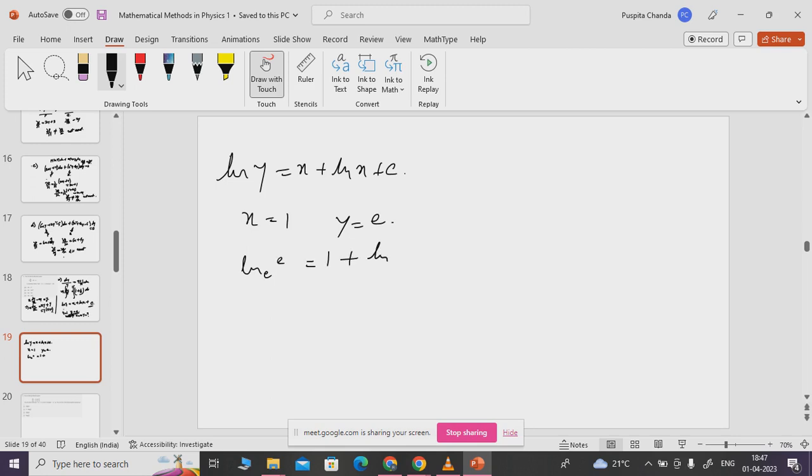So when x is equal to 1, y is equal to e. So ln e, base e, equals 1, plus ln 1, is equal to c. It will become 0, it is 1.